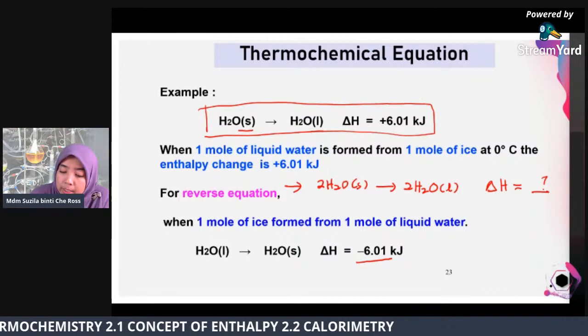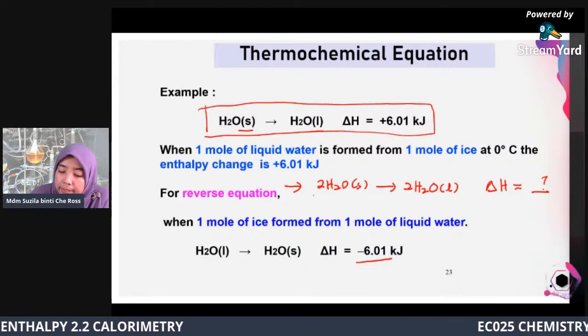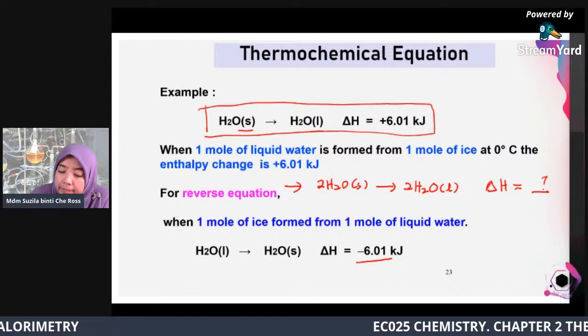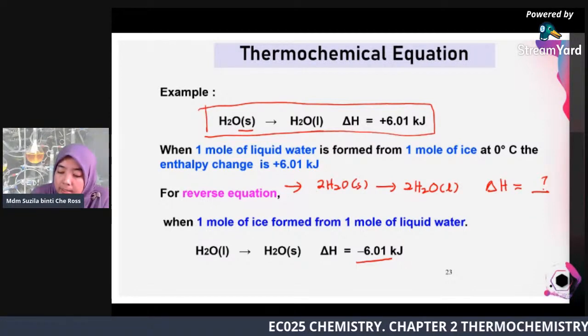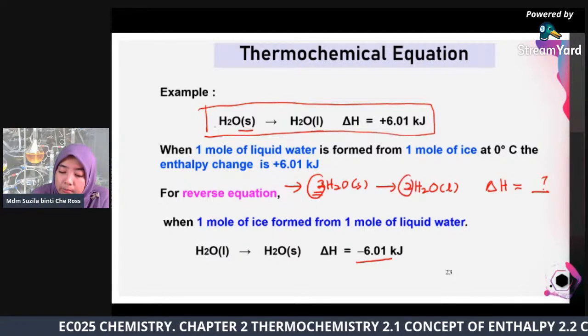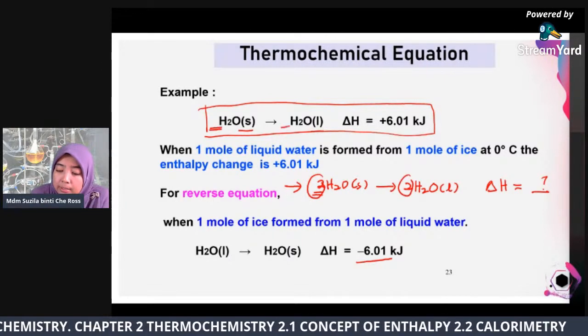Here we can compare the number of moles. The coefficients for reactant and product are not the same. Like this one we have 2 mole, here we have 1 mole. So what does that mean?